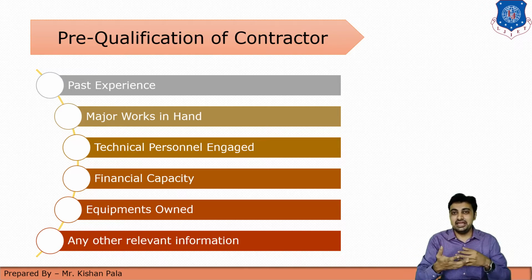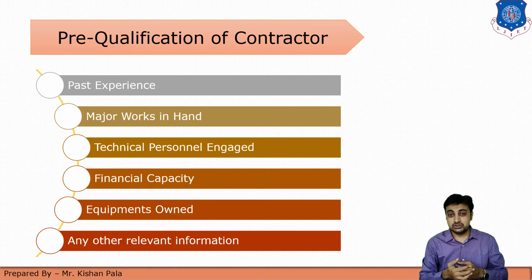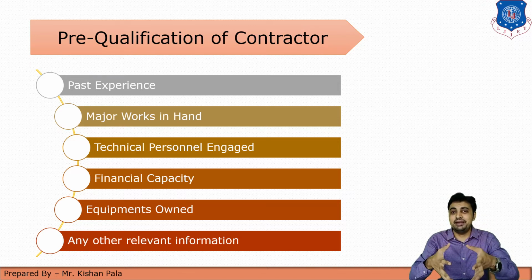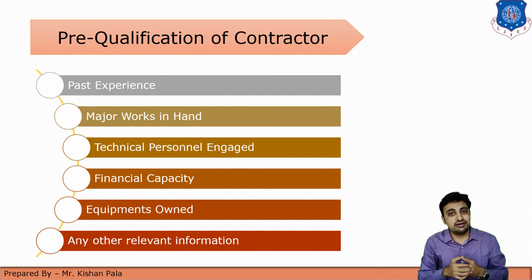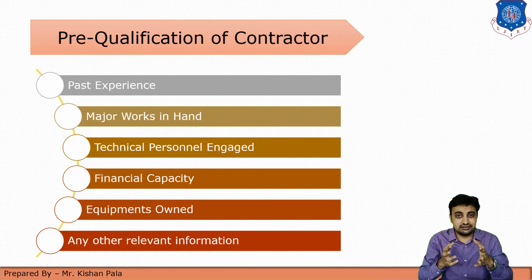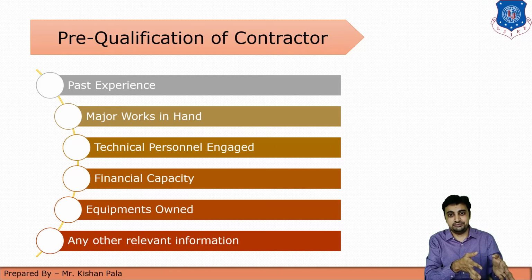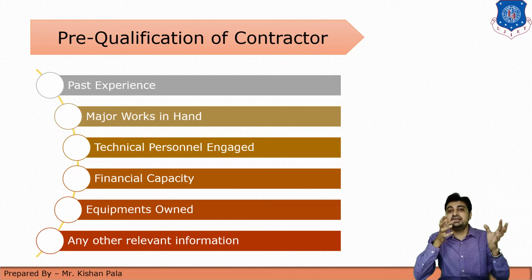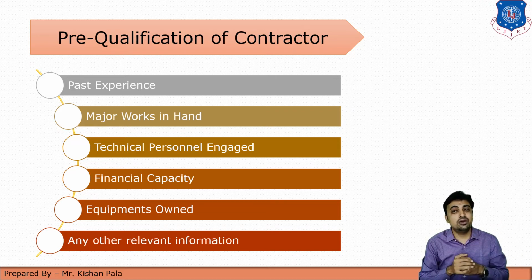So there are many equipments we use in our construction field. The client and owner will observe how many equipments the contractor has, so that the contractor can do that work within the time duration. So this is one of the important points we can consider for the pre-qualification of the contractor.